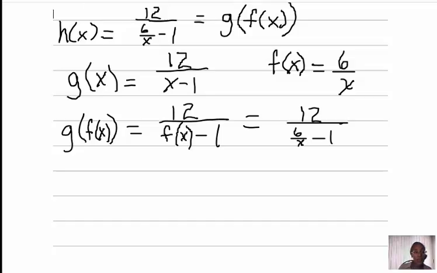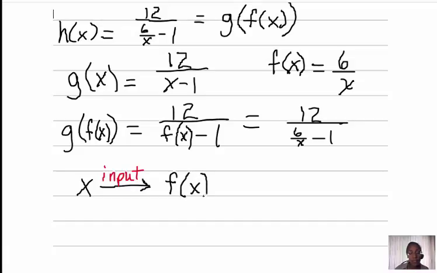Here's what's going to happen with this function. I'm going to take an x value, and that x value is going to be first the input for f of x. So I'm going to take x and I'm going to put it into f of x.